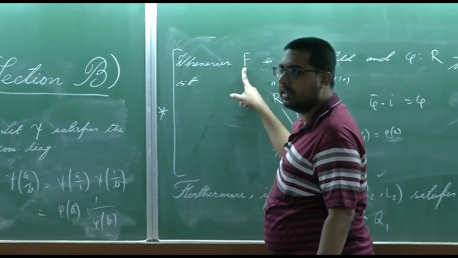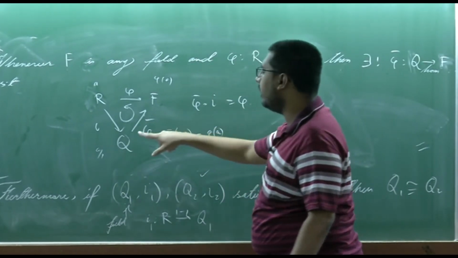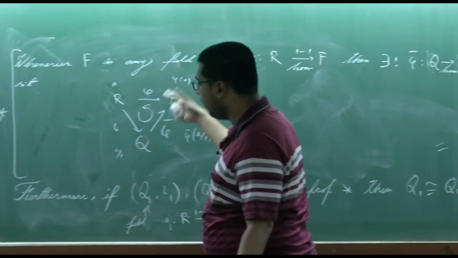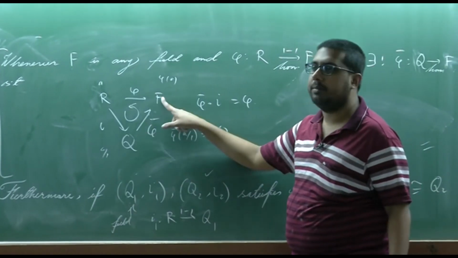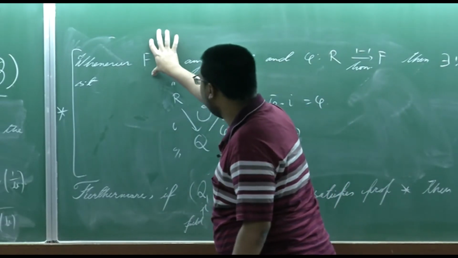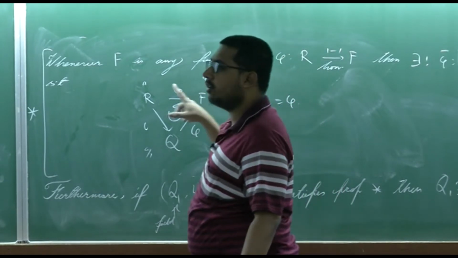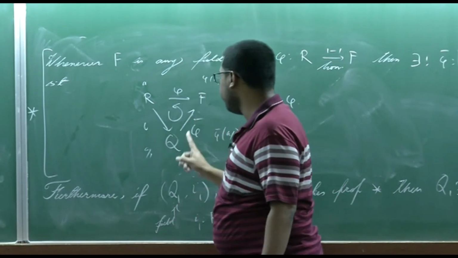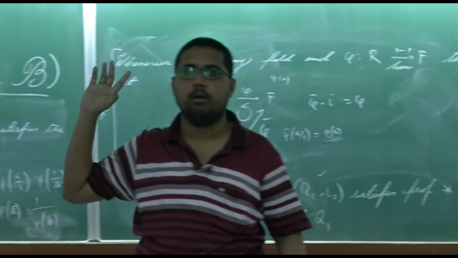Whenever a field is given and an injective homomorphism from R to that field is given, then there will be a homomorphism from Q1 to that field, which makes this diagram commutative.